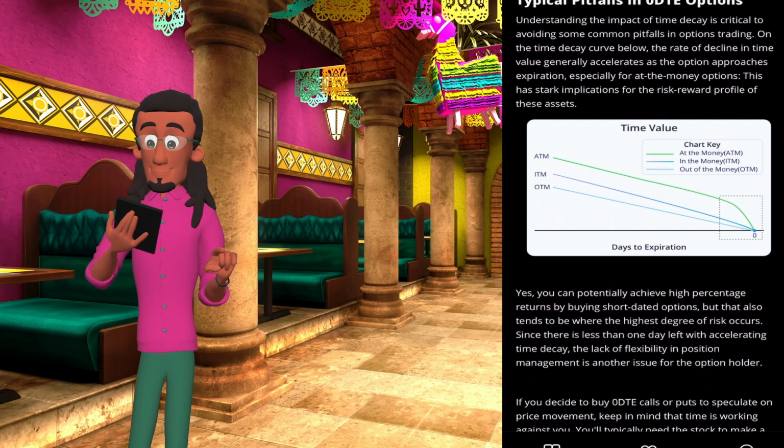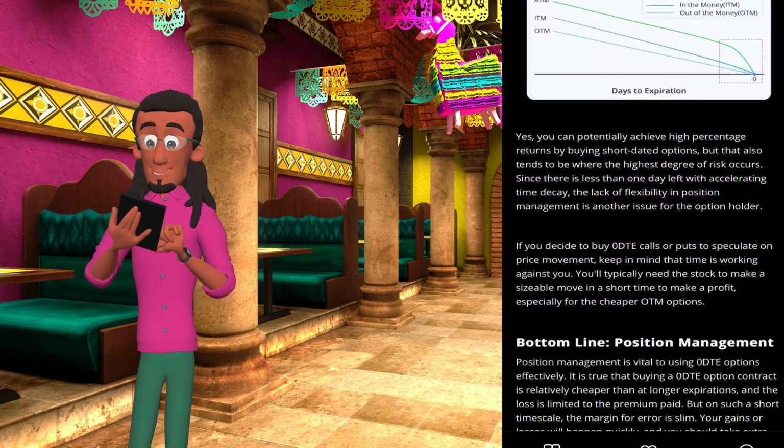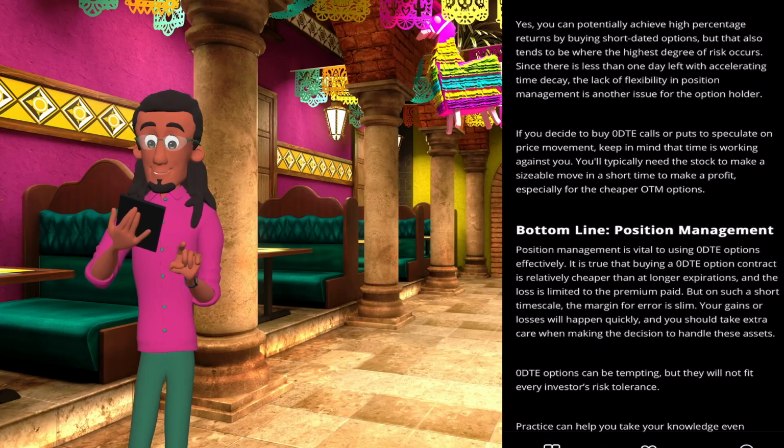This has stark implications for the risk-reward profile of these assets. Yes, you can potentially achieve high percentage returns by buying short-dated options, but that also tends to be where the highest degree of risk occurs. Since there is less than 1 day left with accelerating time decay, the lack of flexibility in position management is another issue for the option holder.